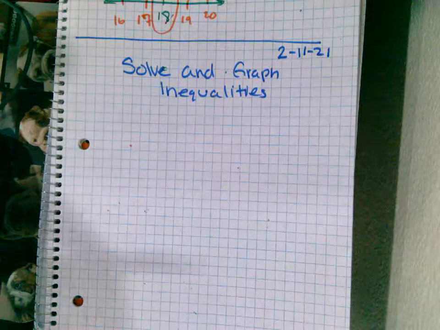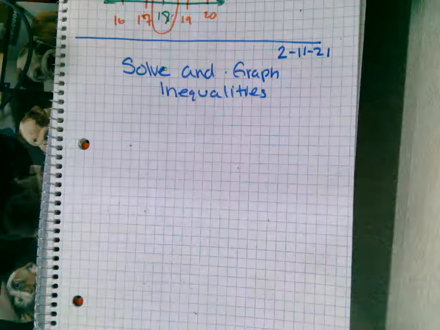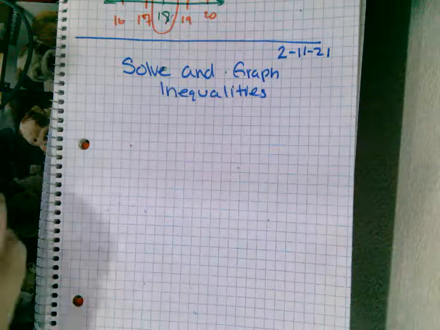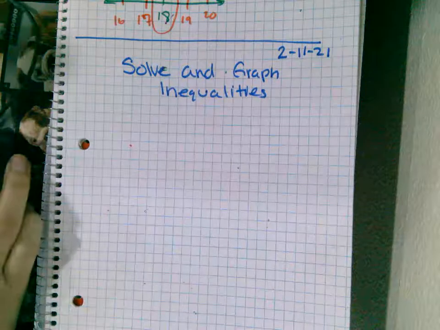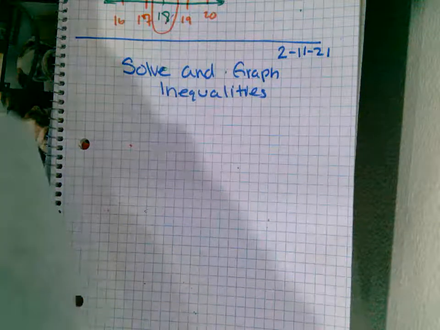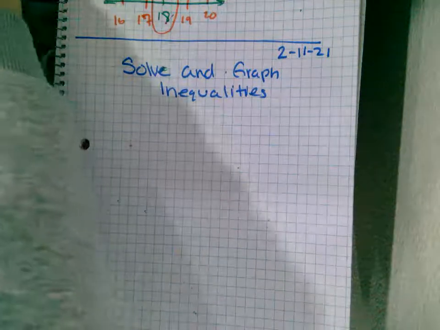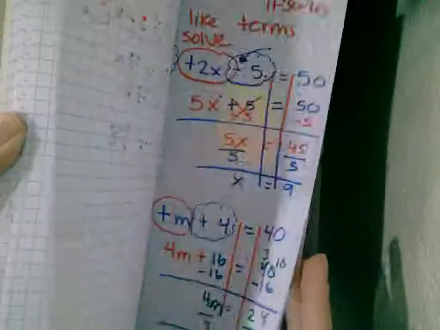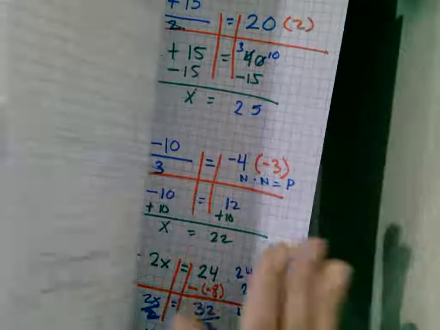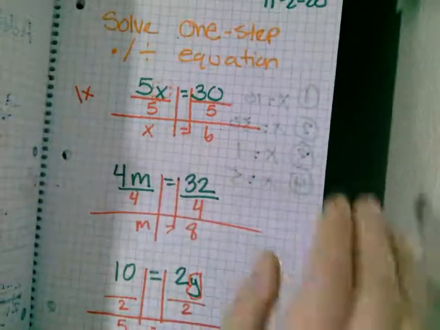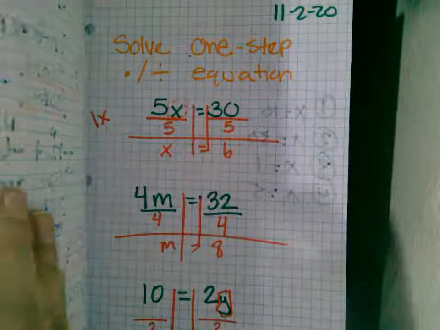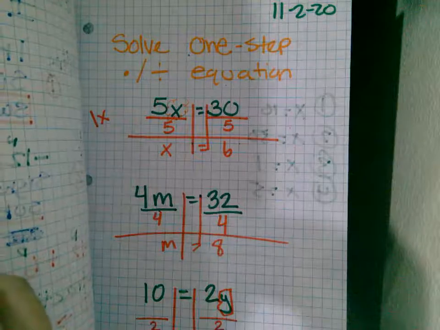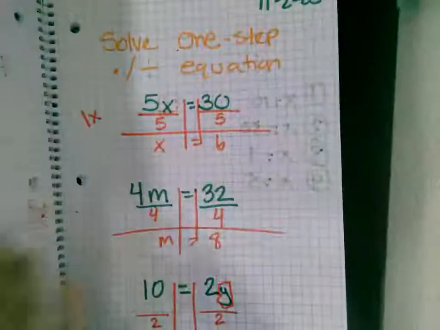All right, this is actually like what you've been learning since October. So if I look back at your notes from October, no, that's November. Let's see. Is there anything from October? Okay.